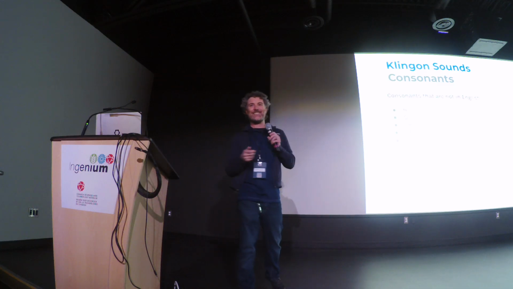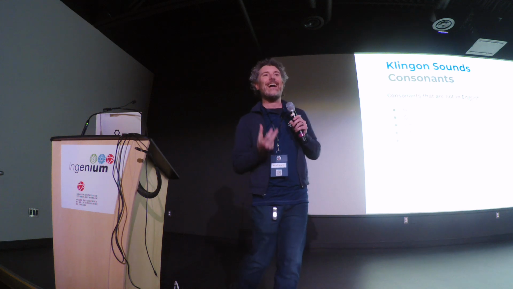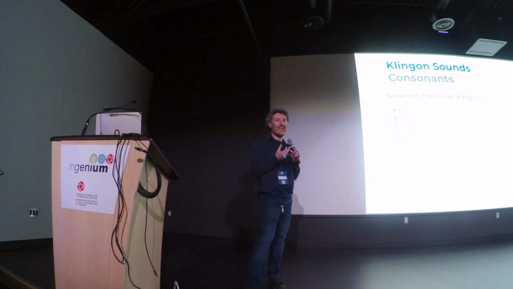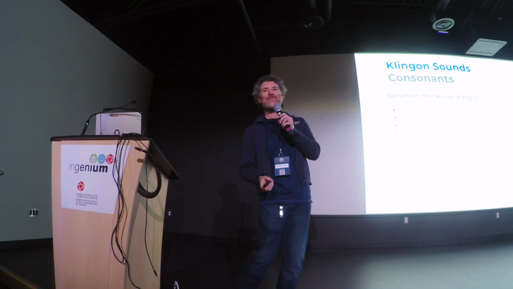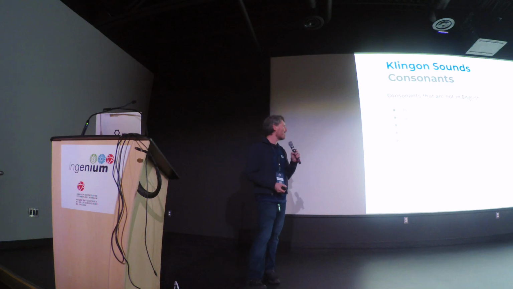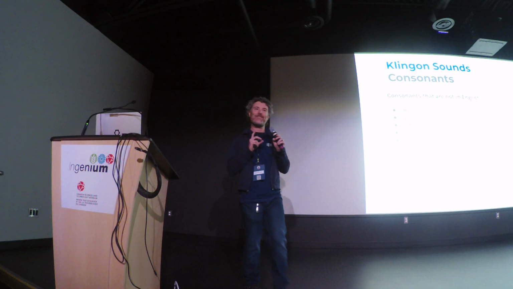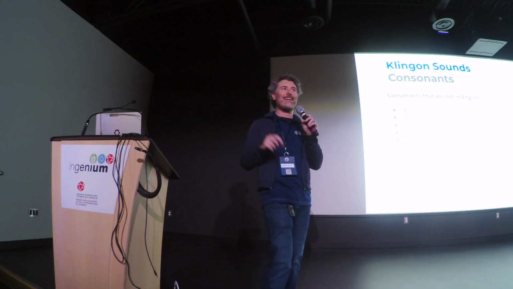The TLH, which is a trigraph, is a very different sound. We're going to stick your tongue sort of in the middle, and you're going to blow out both sides. And that's how you do that one. It's also the first letter in the word Klingon in Klingon.